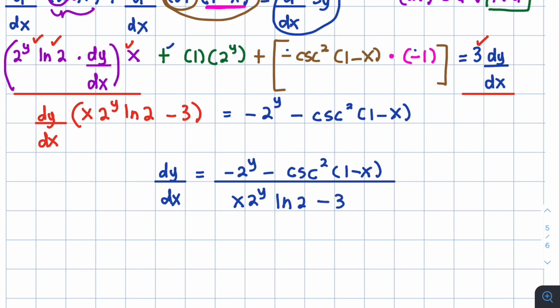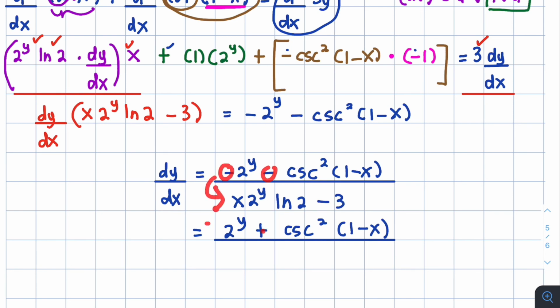Okay, now if you want to simplify again, you can actually factor out this negative and substitute into your denominator, which is gonna give you 2^y plus cosecant squared (1 minus x) over, alright, since you factor out the negative, you got both positive. So this negative, you substitute into the denominator part. So this positive will give you negative. This negative will give you positive. So you have 3 minus x 2^y ln 2. Alright? So settle.